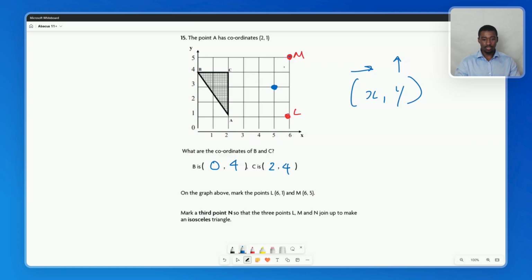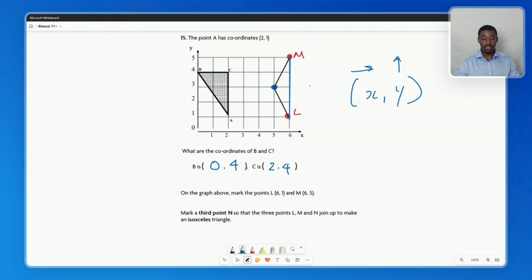We know that this length, and I'll put it in black, we know that this length should be equal to this length because we went halfway between M and L. And if we join it up, here is our isosceles triangle where the two black lines are equal and this line is different.